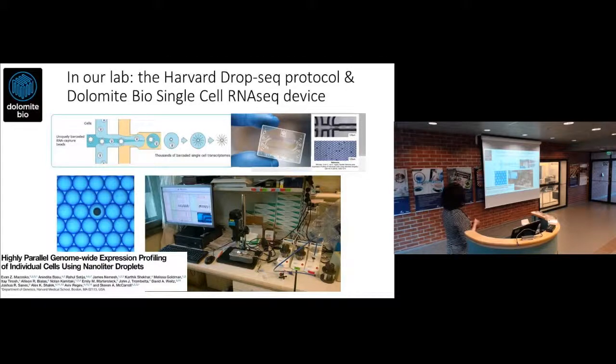So the principle is, and my lab has now installed this system with Dolomite pumps in our lab, that we have 3 pumps here, which are pumping 3 liquids to this tiny chip. So barcoded beads, which come in a lysis buffer. One pump pumps that. Another pump pumps cells, just in PBS, BSA. And then the third pump pumps oil to the chip.